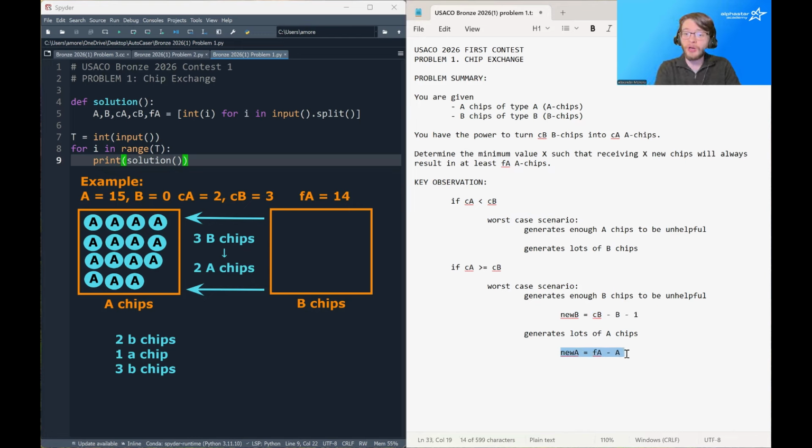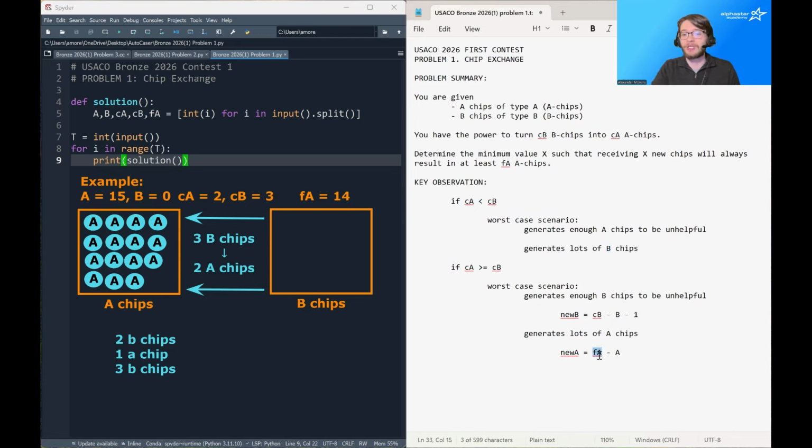These A chips are going to allow me to reach F of A, and these B chips are going to be some extra spares that are actually unhelpful in reaching F of A. And then there's the same sort of analysis for when C of A is less than C of B, but it's a little bit more complicated because I'm going to be transforming B chips into A chips.